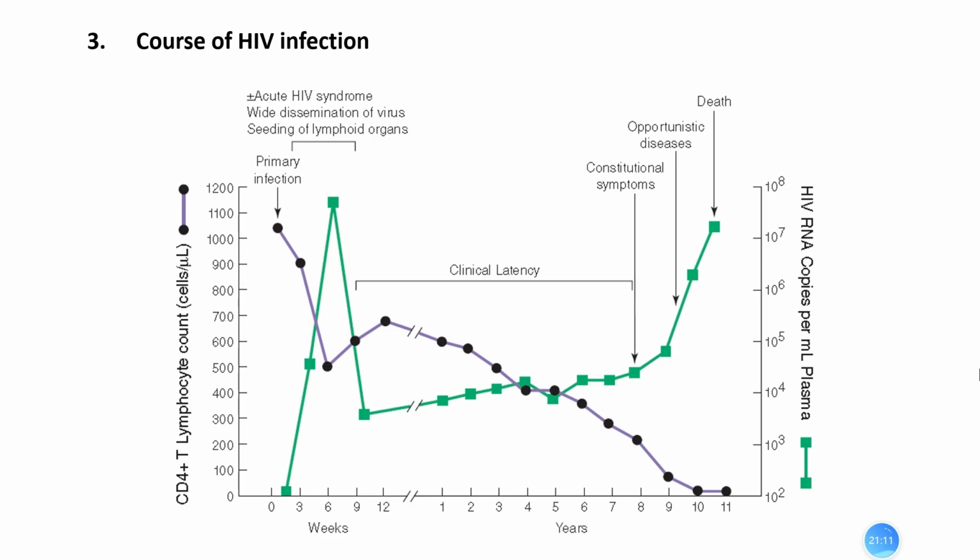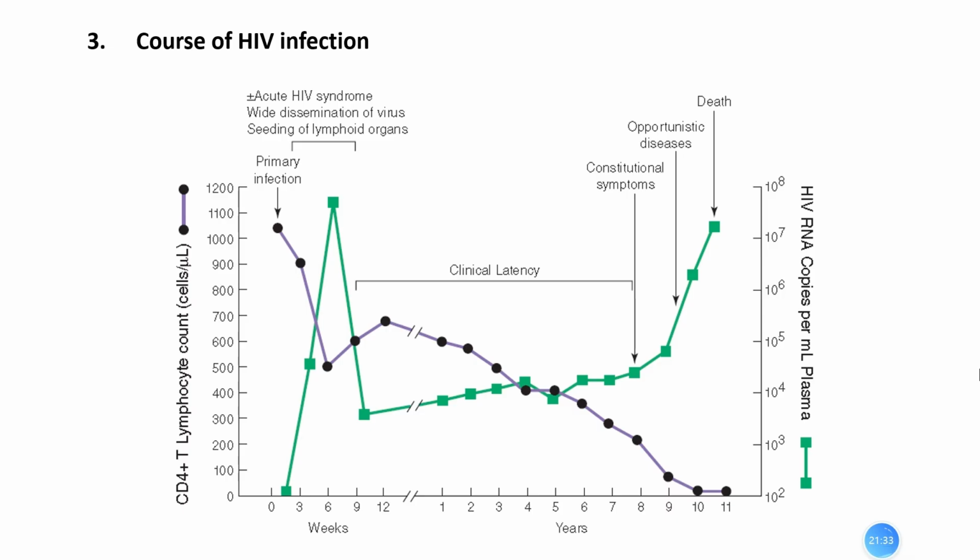The immune system tries to replace the loss of CD4 T cells. So there is a moderate recovery of CD4 T cell number increase, but it cannot get to the original level.